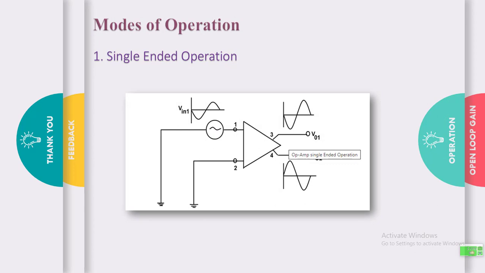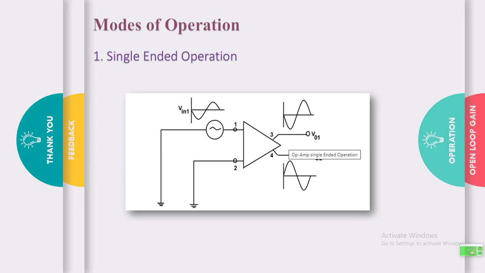There are 3 types of operations for an op-amp. Firstly, single-ended operation, which we know earlier. Op-amp has 2 terminals. If we use just one terminal, either inverting or non-inverting, then it is called single mode operation.